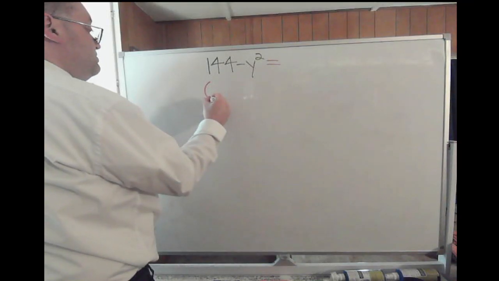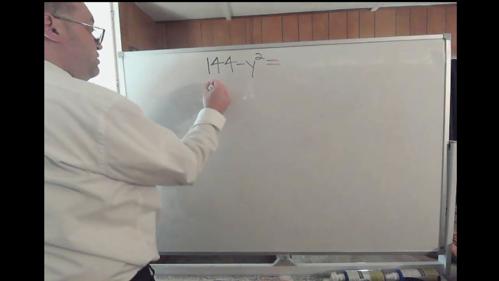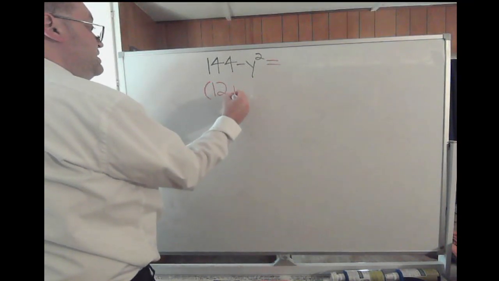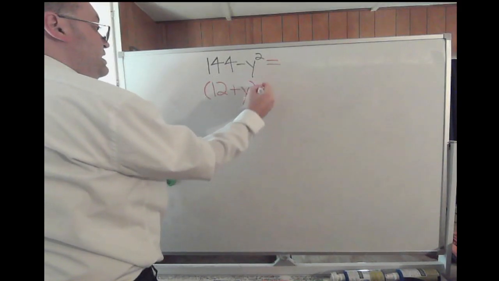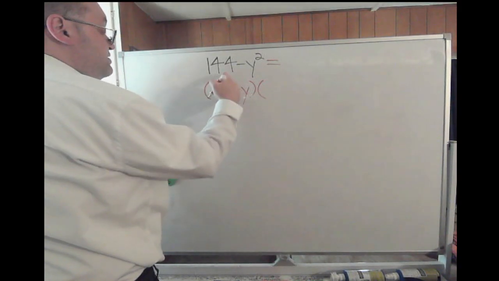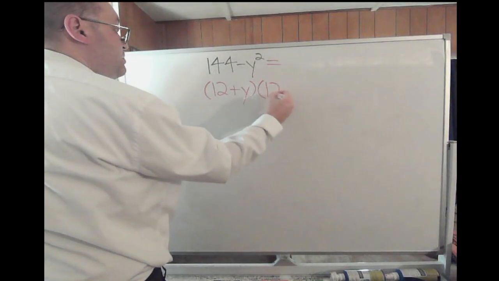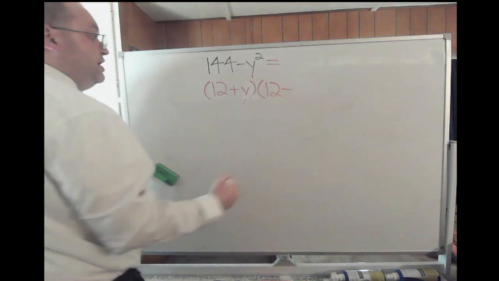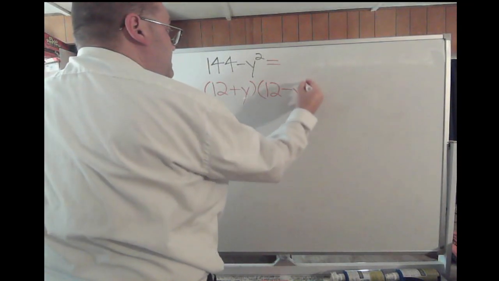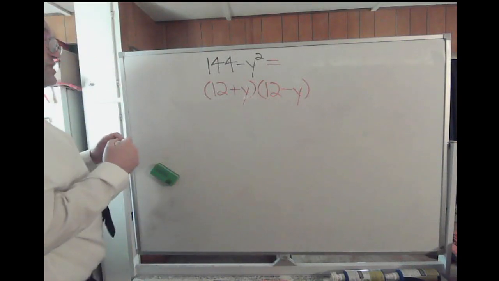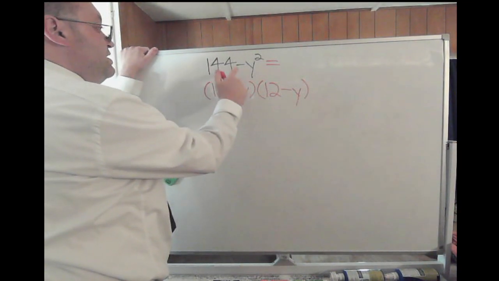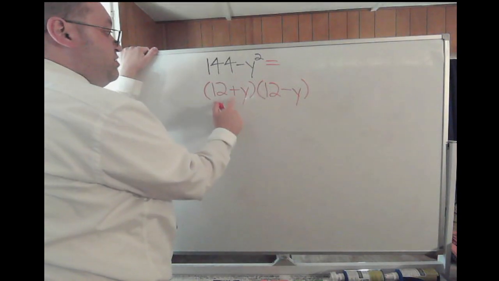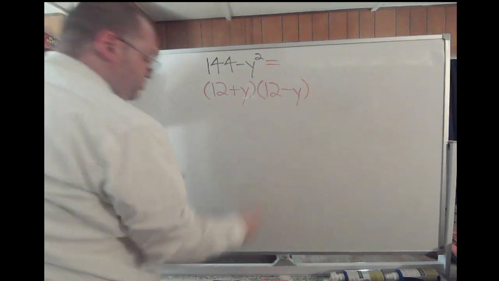You're going to take the square root of 144, which is 12, plus the square root of y squared, which would be y, times the quantity of, again, the square root of 144 is 12, minus the square root of y squared, which would be y. So the factorization you should get for this binomial is 12 plus y, that quantity, times 12 minus y.